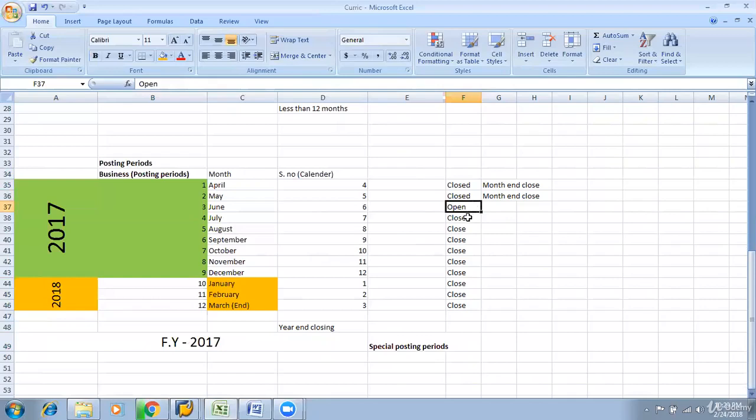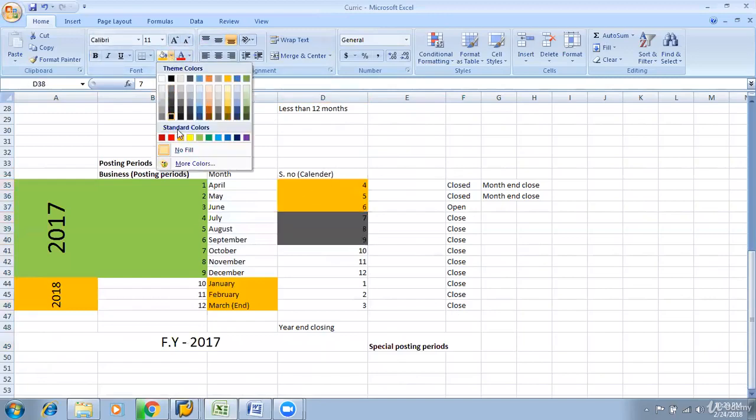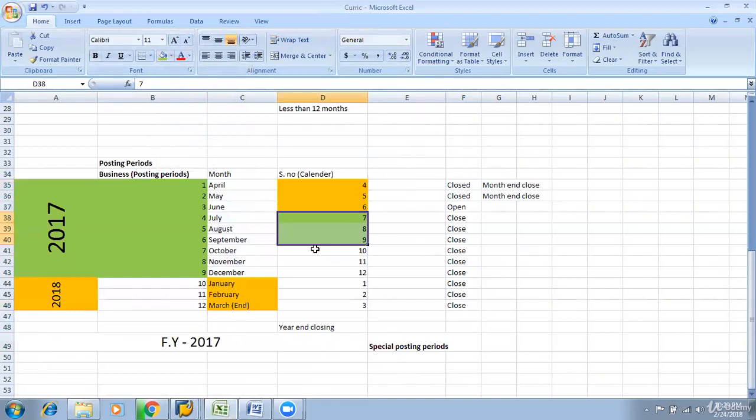Okay. So special posting periods cannot be posted in your previous periods because they are closed. Thus, there is a requirement of a few posting periods. For example, my business requirement is to post audit entries for each quarter.